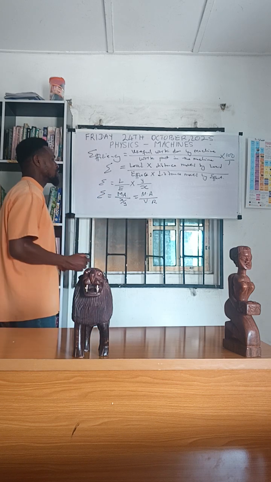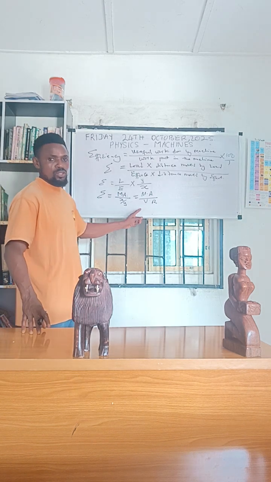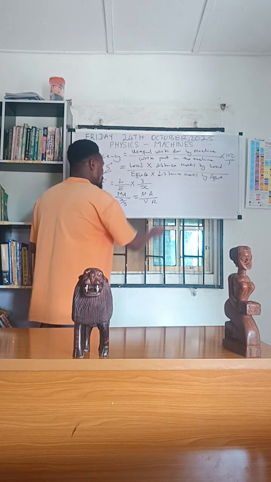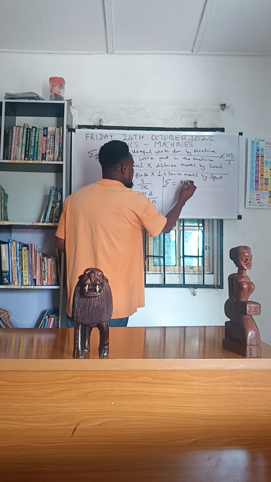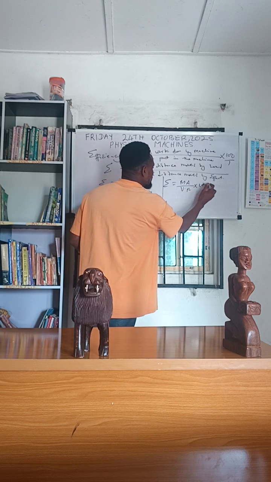So efficiency of a machine can also be defined as the ratio of the mechanical advantage to the velocity ratio, expressed in percentage. Efficiency is equal to MA over VR times 100%.